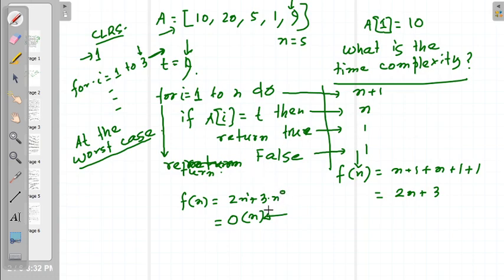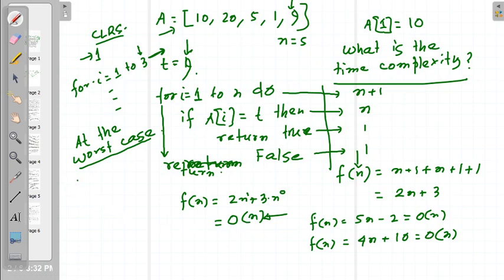But the thing is that for some other algorithms, the statement cost might be 5n minus 2. Some other algorithm, this might be coming 4n plus 10. Okay, but this f(n) equal to 5n minus 2 will also be order of n, and this f(n) equal to 4n plus 10 will also be order of n, right?